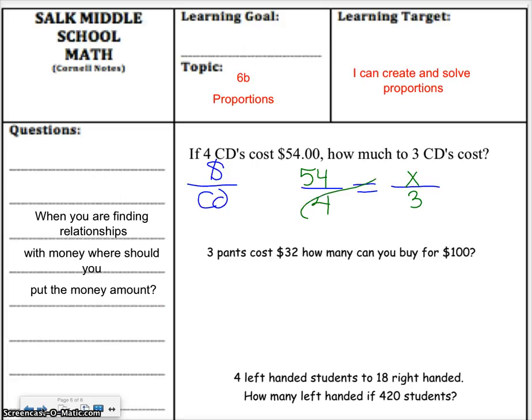Set up your cross product. 4x equals something. Oh no, I don't know where my calculator is. What is it? No, 162. Oh, never mind. Not the answer, I need the product. Now divide 162 divided by 4, $40.50.